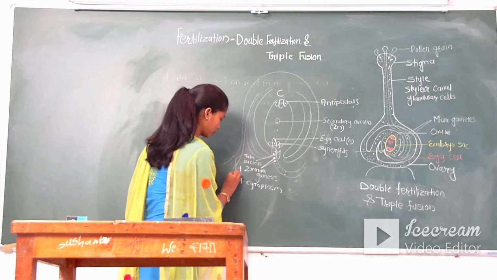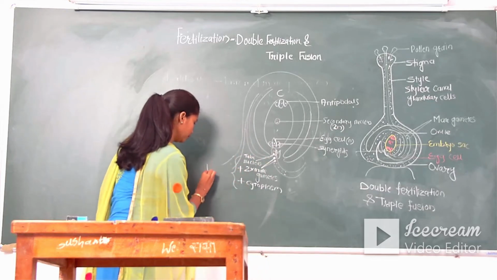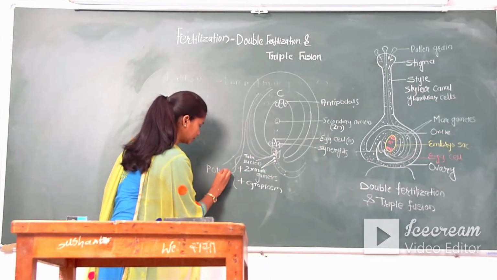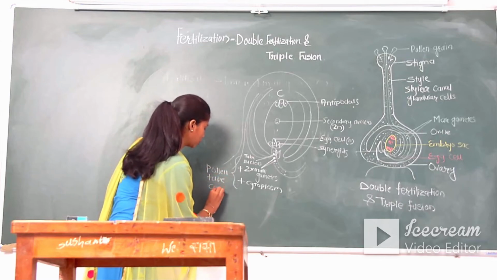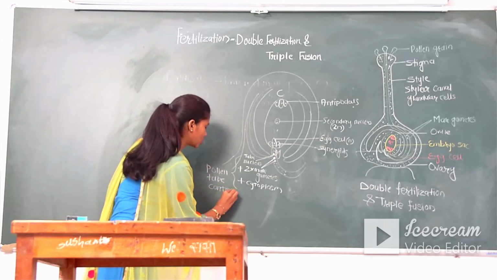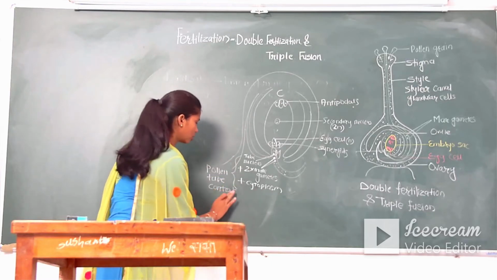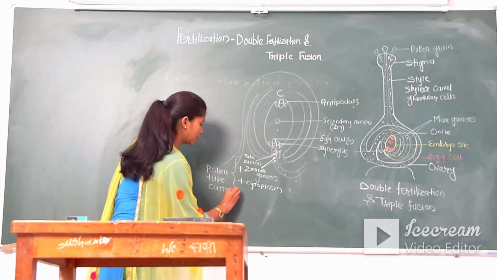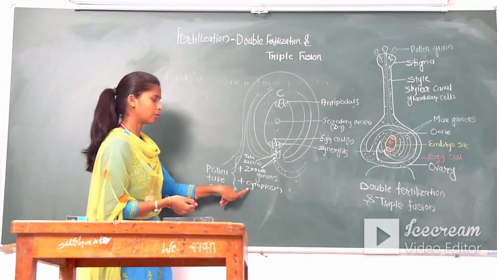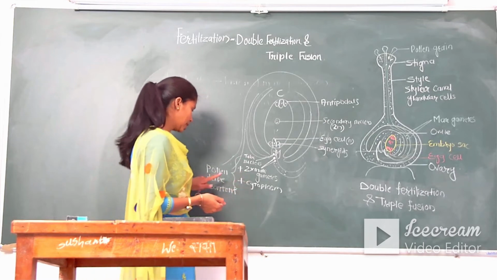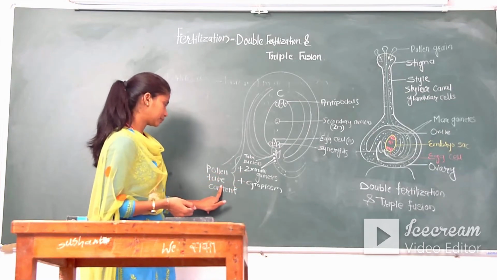This forms the pollen tube content. Or if someone asks you what is the content of the pollen tube, then you can say two male gametes with one tube nucleus and some amount of cytoplasm is the pollen tube content.